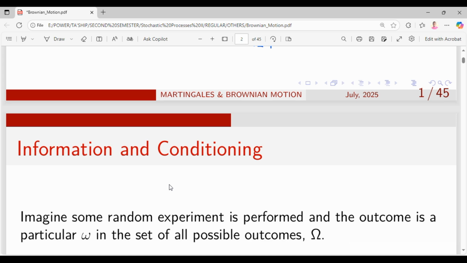So before we study martingales, which are like a game, or a way to make the market fair for everybody, we want to know the information available in the market before trading takes place, like in the forex market.